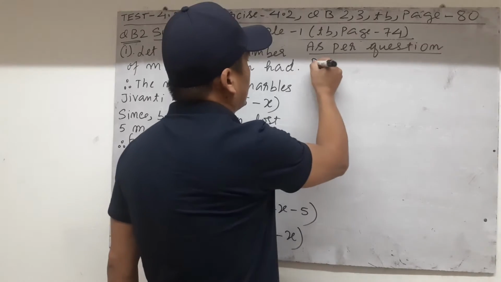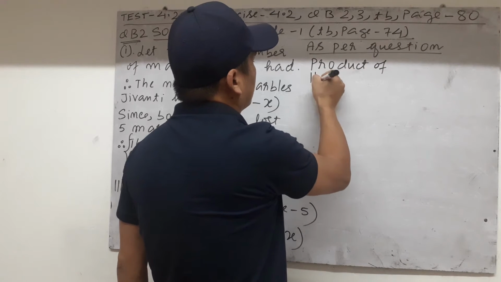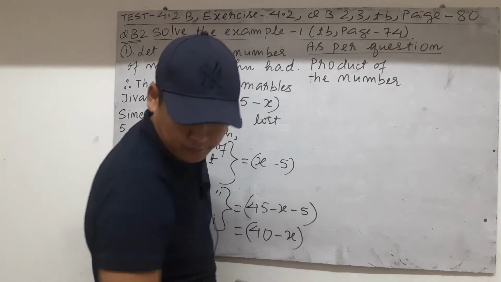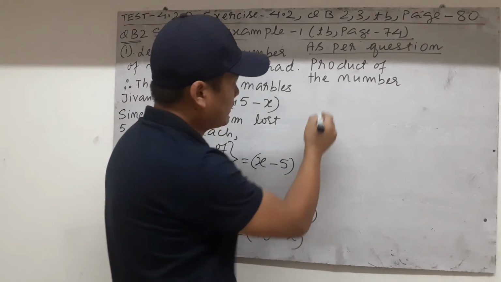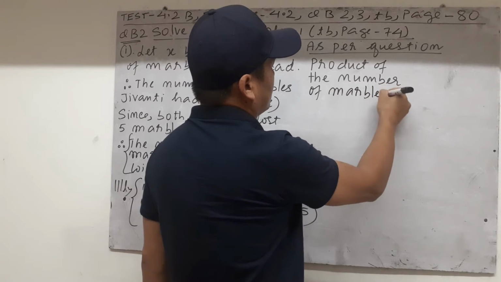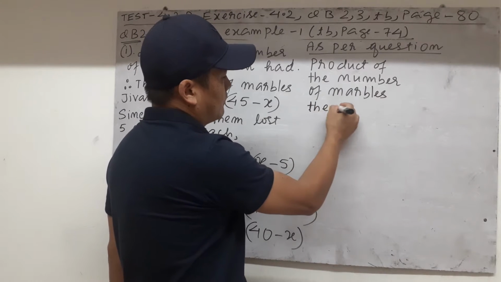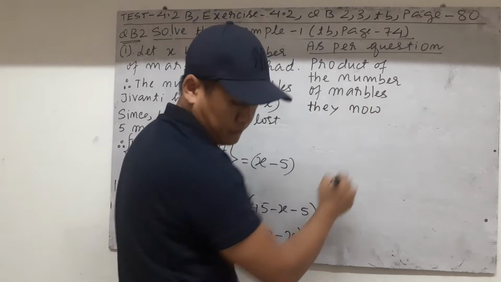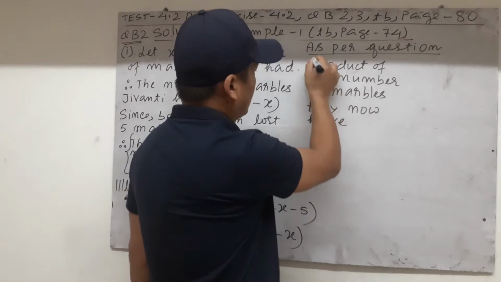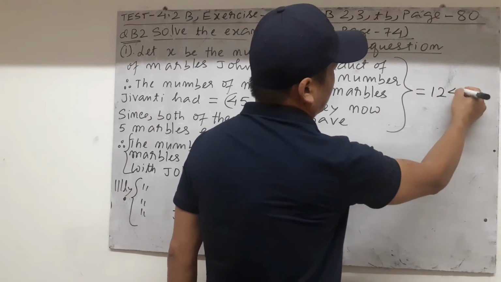So the question is saying the product of the number of marbles they now have is, and the word is means simply equal to 124.